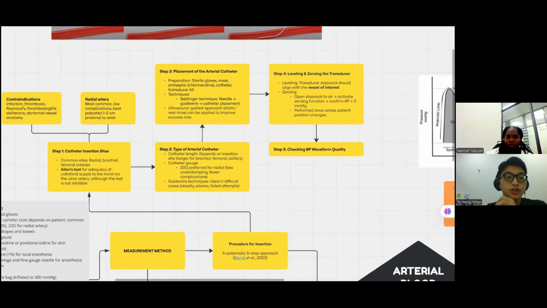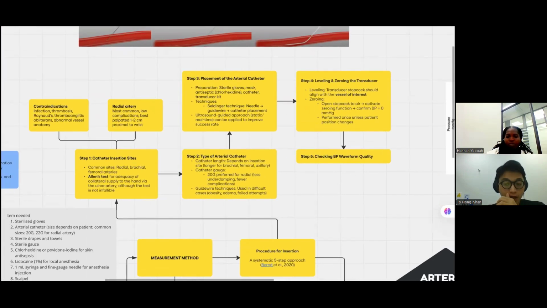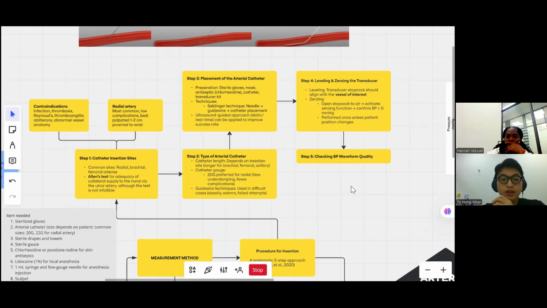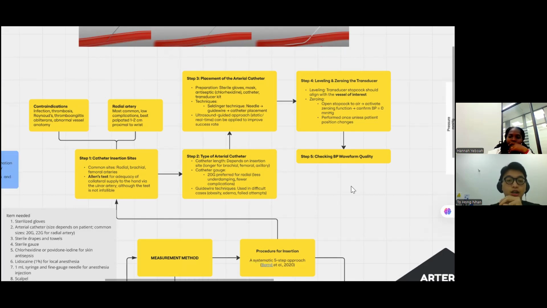The procedure for this ABP monitoring follows a systematic five-step approach. The first one: in any invasive procedure, we need to understand the ideal insertion sites. So in step one, the work is to determine the catheter insertion site. For ABP monitoring, common insertion sites are usually the brachial, radial, and femoral arteries.